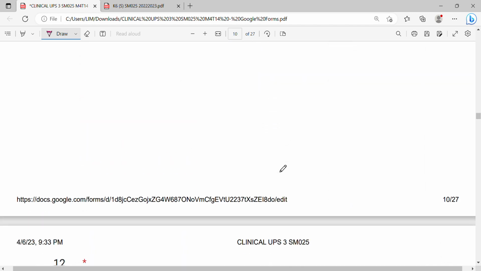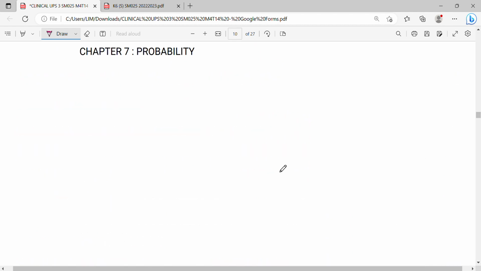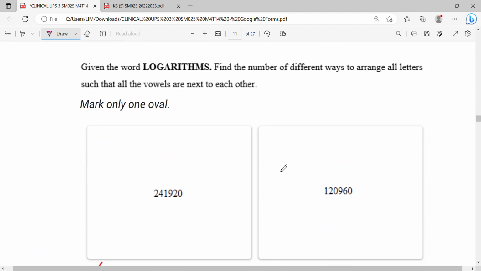Simple. Okay, probability. Logarithm. How many ways to arrange this word where the vowels are next to each other? Where are the vowels? O, A, then I, then these next to each other. It means the concept of together. This is needed. When you want to arrange things next to each other, the ones that must be together have to be tied first, right?